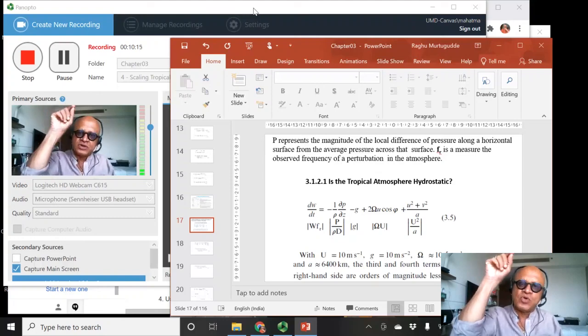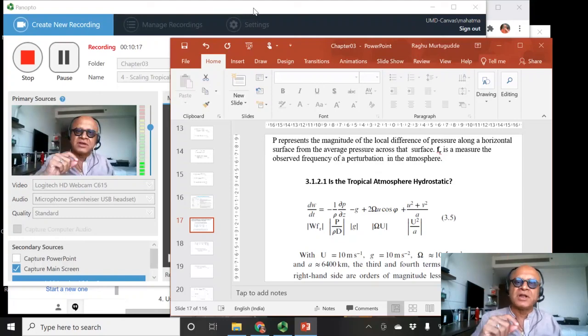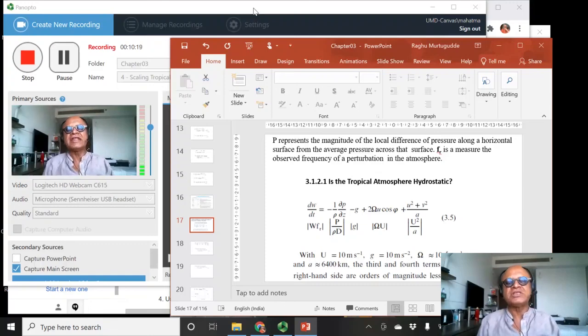Pressure gradient upwards, gravity downward. But if you have fast vertical motions, then how can you justify hydrostatic balance? We will see that essentially it is justified even when there are these fast convection processes.